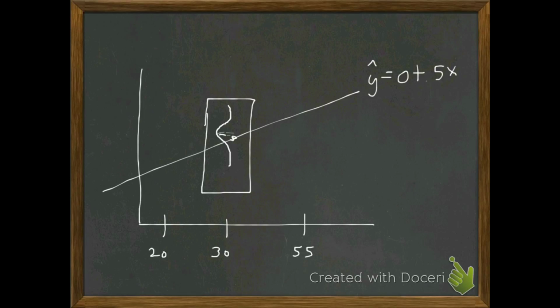what was it? When x is equal to 30, we got a y value of 10. But the mean response we came up with there for 30 was 15. So again, look at this.